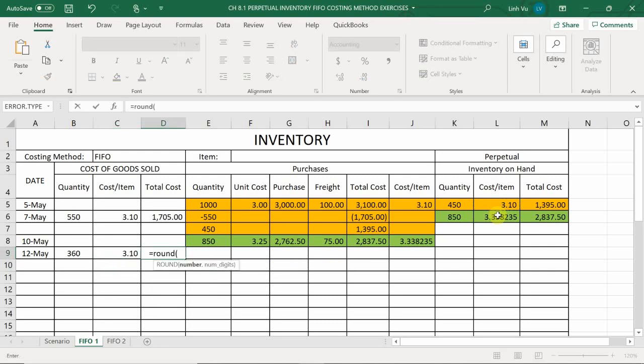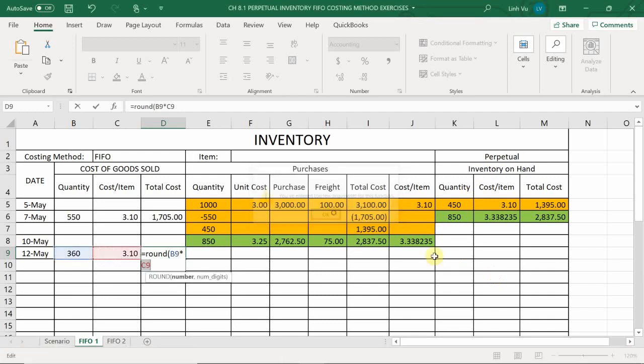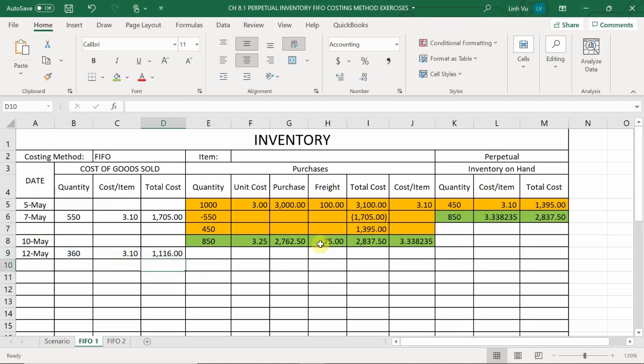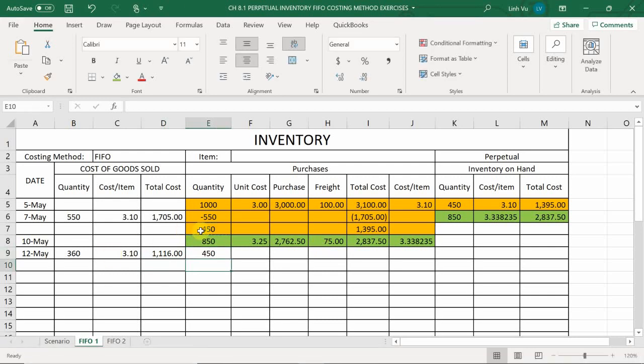What's my total cost of goods sold? $1,116. Okay, good. And so this is what I'm going to do. I'm going to carry my orange batch down so I know this is how much I have, right?